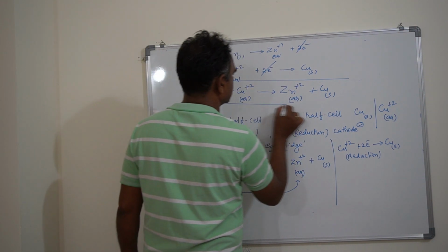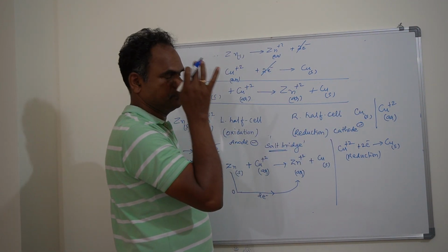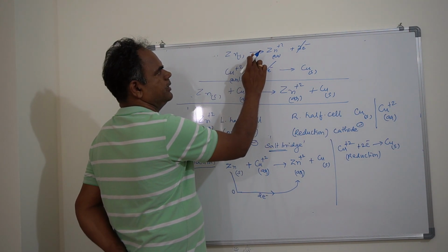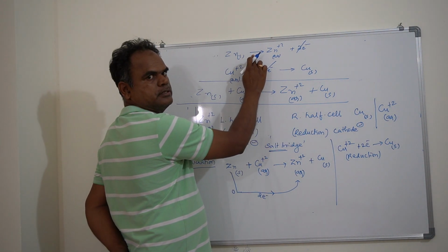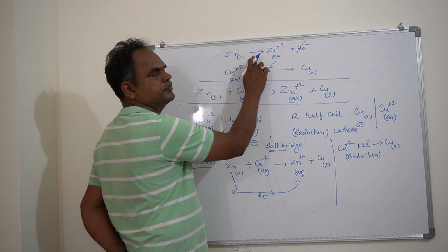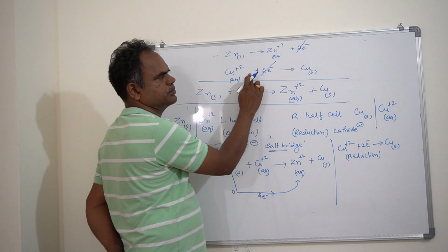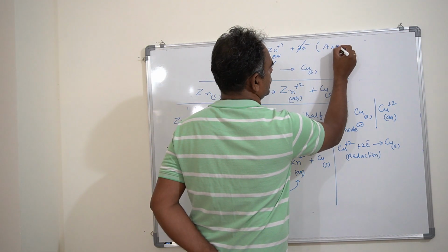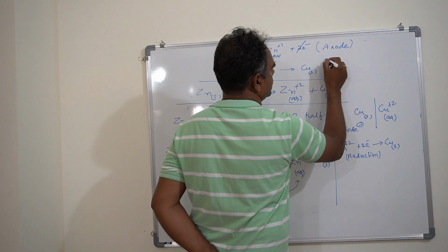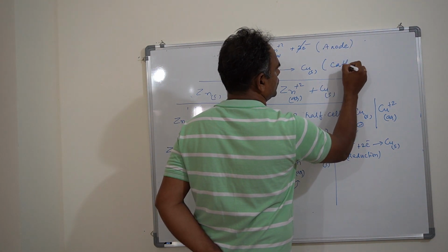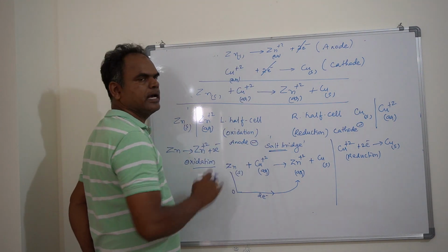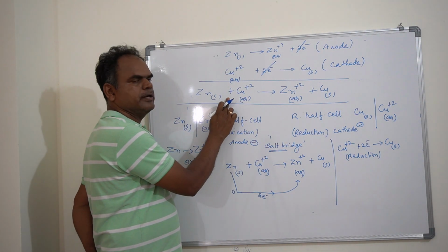So we get the complete redox reaction. This reaction takes place at the anode, and this reaction takes place at the cathode. So here I am writing anode and cathode, and this is the complete redox reaction.